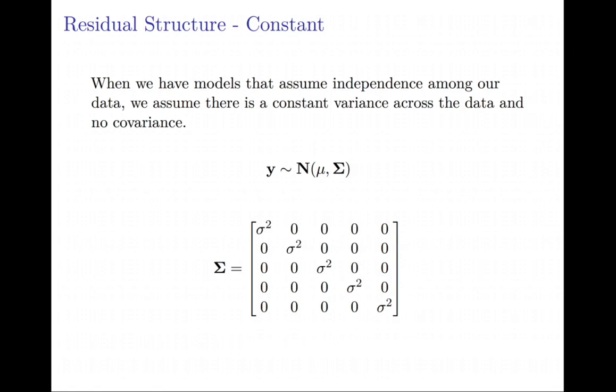And when you have lots of data, your sigma is large sigma here. And so what that looks like in practice is that on the diagonal, you have your variance sigma squared, and each column is a data value 1 through 5 here, and then 1 through 5 going down the rows. And then you can see there's no correlation among any of your data values, hence the 0 in all of the entries of the matrix.